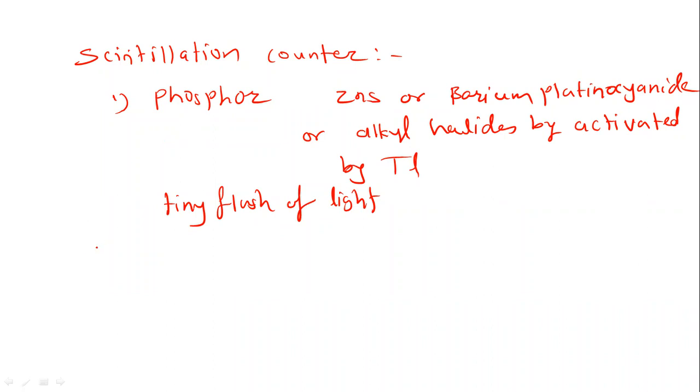Then the second part is the photomultiplier tube, PMT. And the third part is an electrometer, which counts the current pulse.